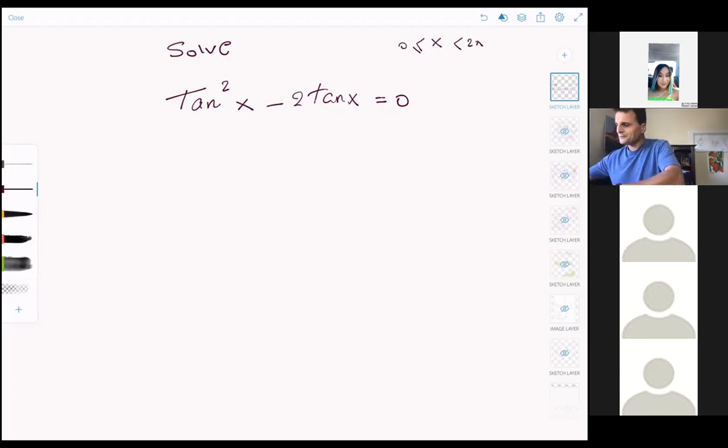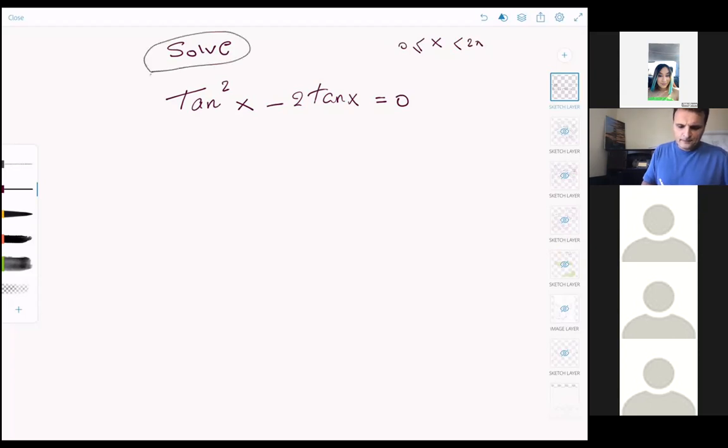So what's the first thing we should do here to solve? We learned a few techniques, right? What are those techniques? The good thing is everything is in one term.